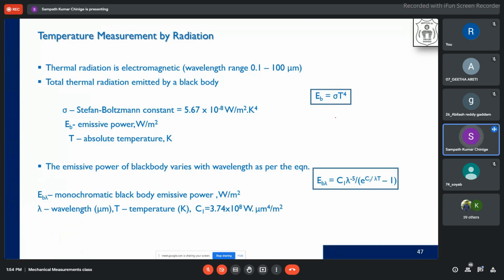If I have a body at a particular temperature, capital T, equivalent to some 400 Kelvin, for example, because of its temperature it always emits some radiation.